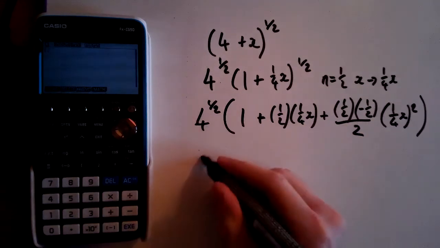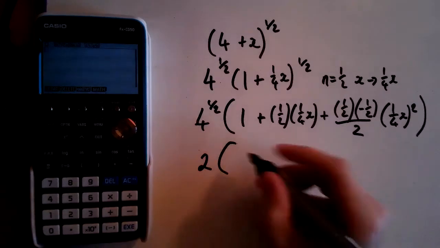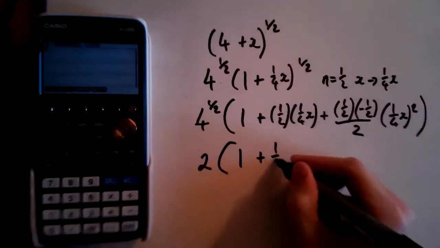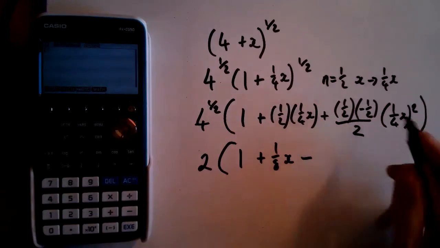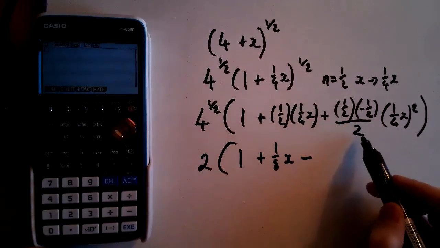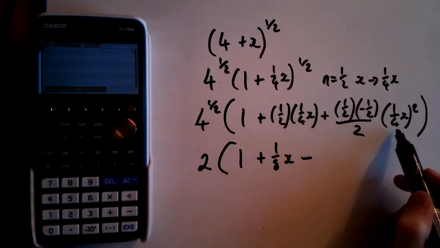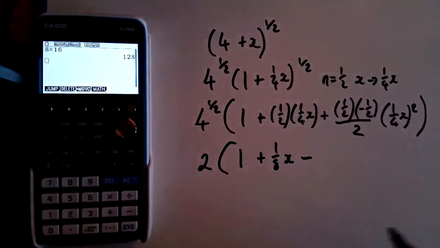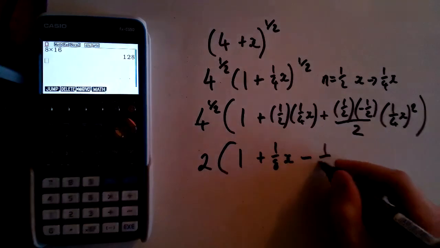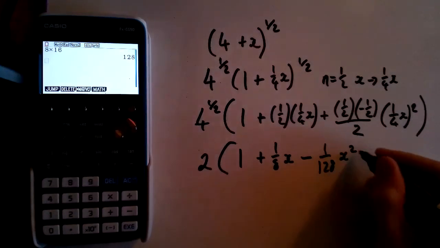So 4 to the half is 2. Inside I have 1 plus 1 over 8x. This is going to give me negative because I've got 1 negative. That's going to give me 1 over 8. That's going to give me 1 over 16. So 8 times 16 is 1 over 128 x squared.